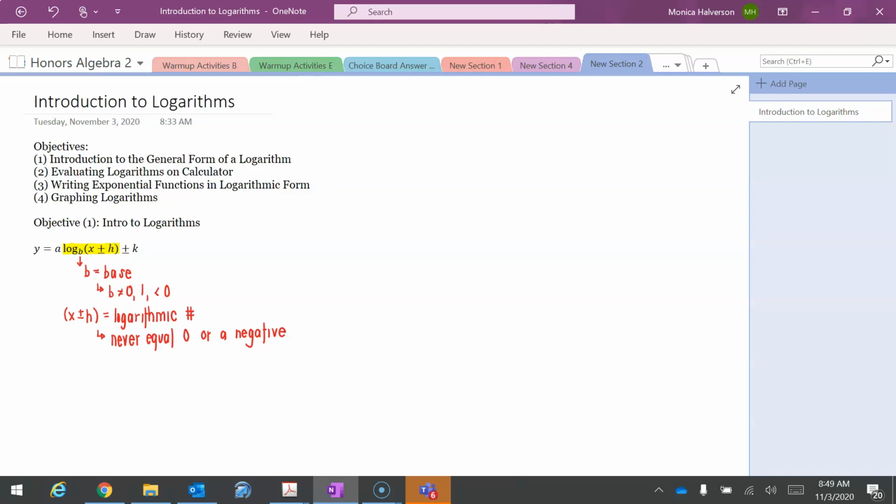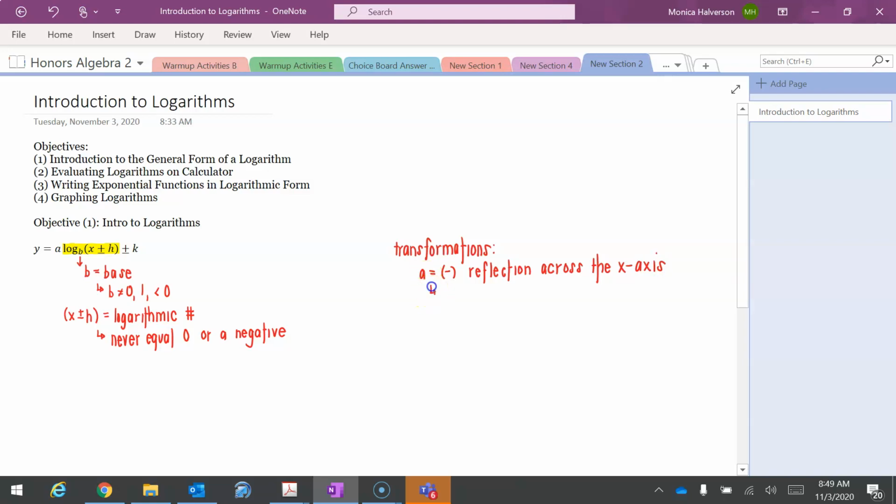Now, a, h, and k stand for the same thing they have in everything that we have talked about when it comes to our transformations. So let's highlight those now and remind ourselves. A, if it's negative, is a reflection across the x-axis.